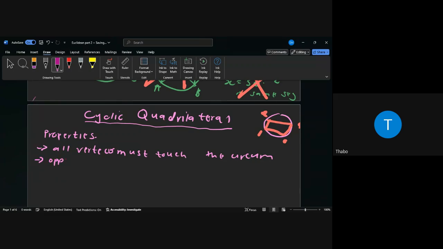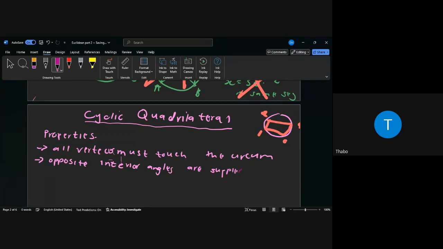So now, what's the other property? The opposite interior angles are supplementary.